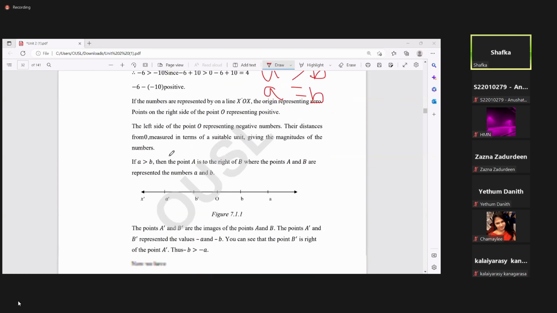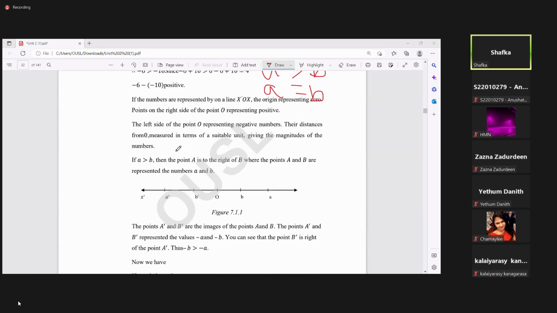Okay? So normally when we are considering inequalities, it comes with the greater than or equal sign, less than or equal sign, less than sign, greater than sign. So we are representing it on a real line.